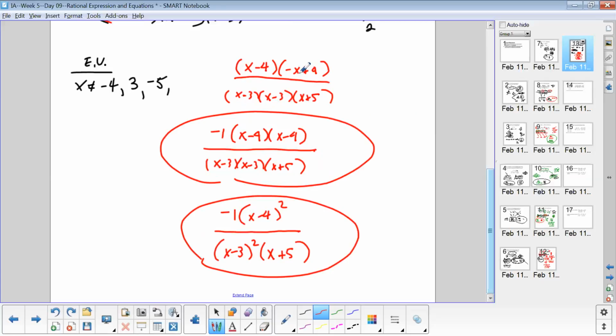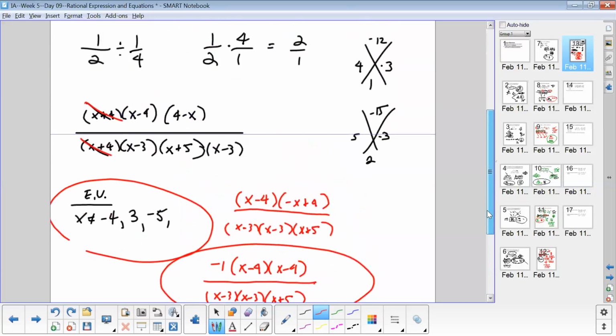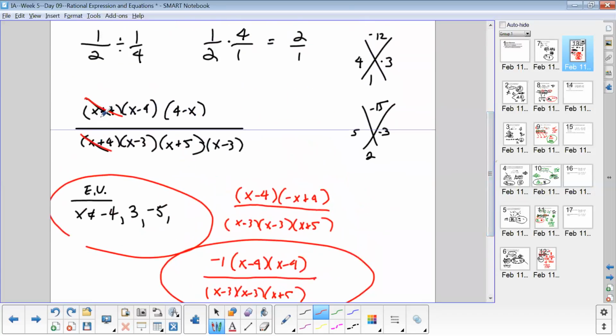This could be simplified just because of the negative x plus 4, dividing out the negative 1, along with our excluded values. So we really only had one set of expressions that divided out.